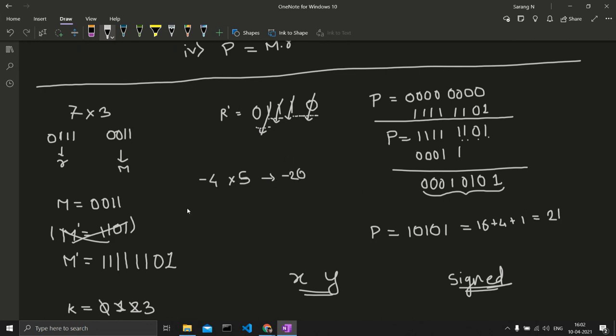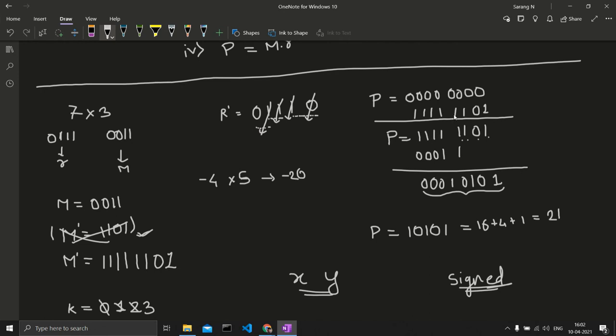Because finally what we are doing is, if we have minus 4, we just have to make sure that we take the 2's complement of the number in the proper x plus y bit format. Then only we'll get the correct answer. Otherwise you would fall in this trap, because if we take this as the 2's complement, then we won't get all these ones right here, and that would be wrong.